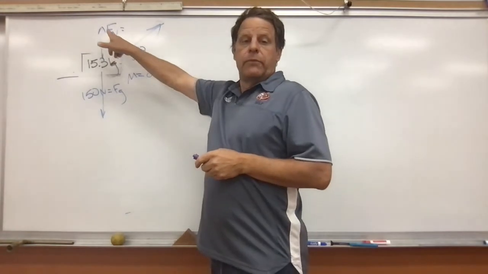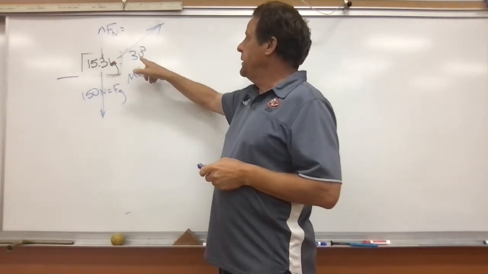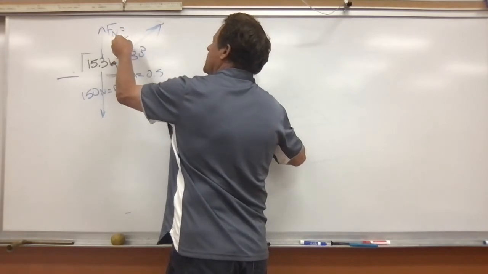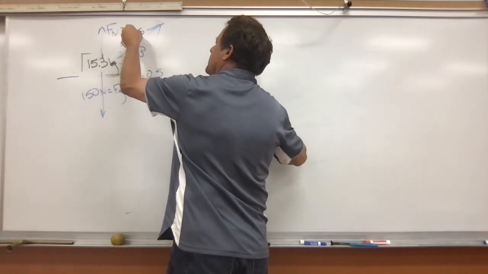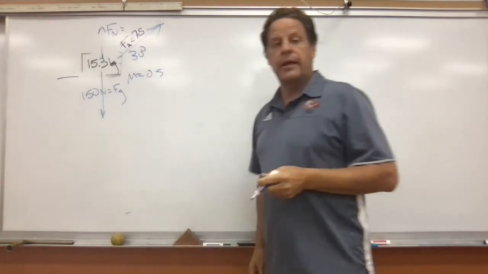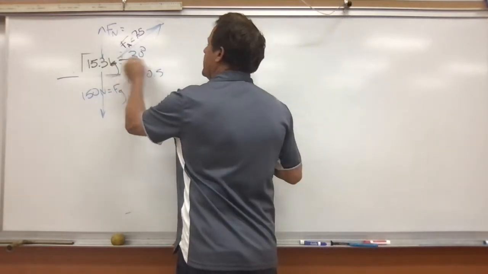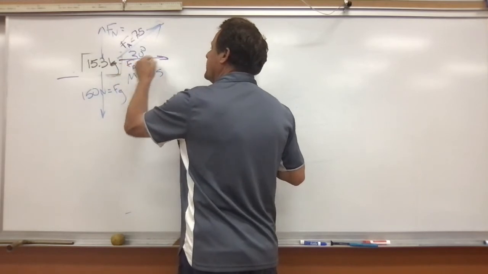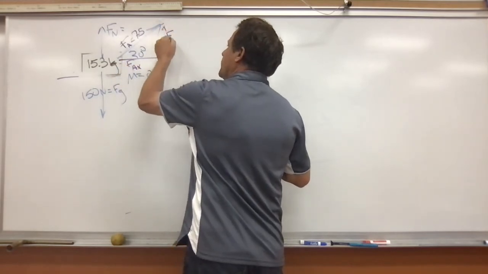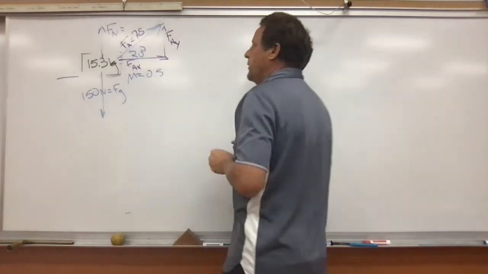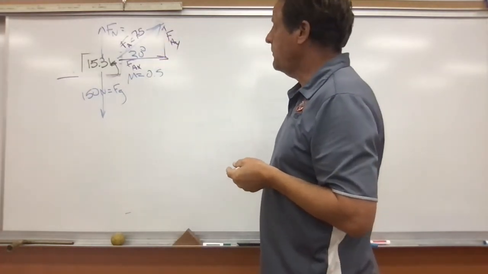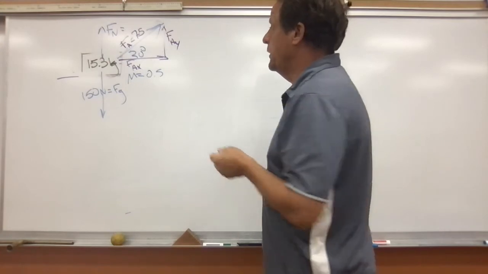Now, what we've got to do before we get into this is figure out the force normal, because some of this applied force is going up and to the right. So we're going to break this down into the force applied in the x direction and the force applied in the y direction. Okay, so we can just do some simple trig there.